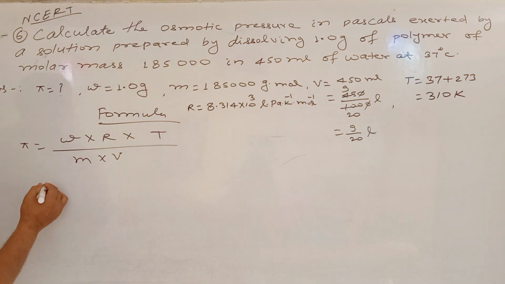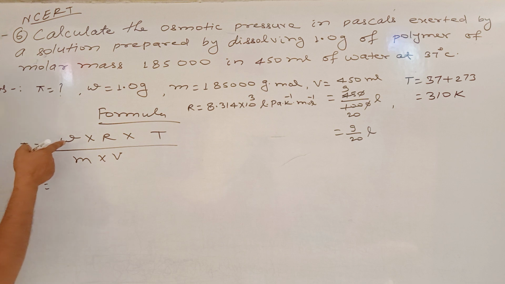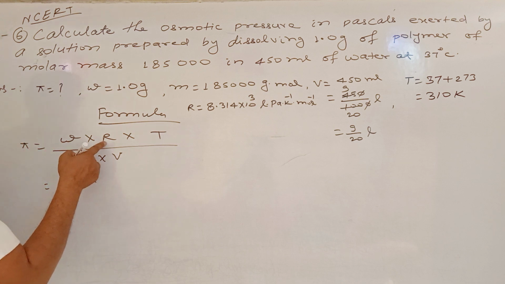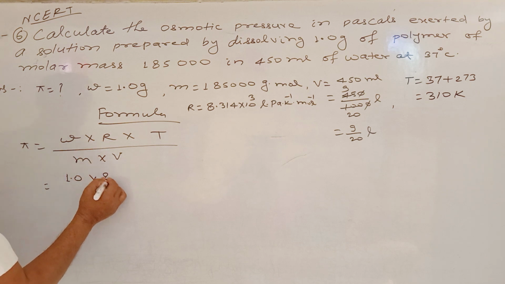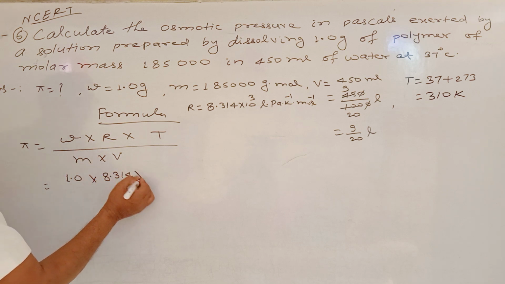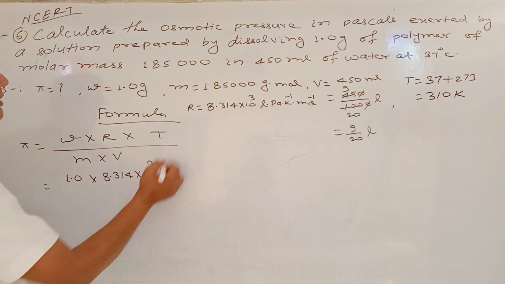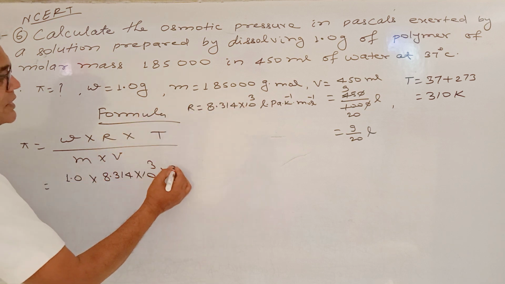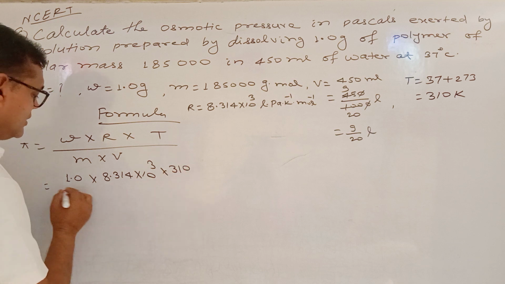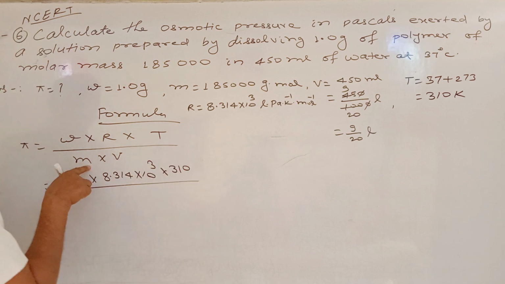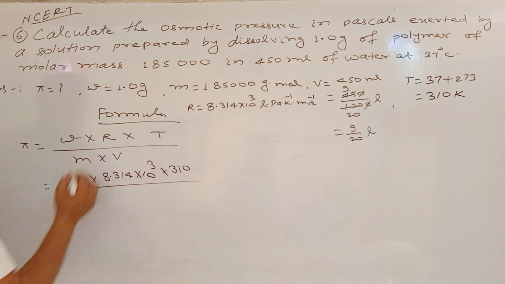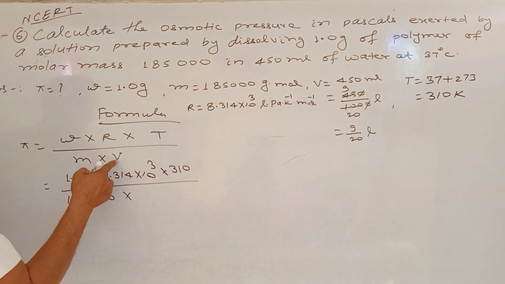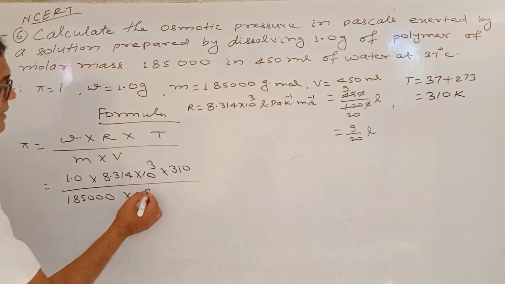Now we write the value of W, 1.0. The value of R is equal to 8.314 into 10 to the power 3. And the value of T is equal to 310 Kelvin. The value of M in the question is 185,000 and the value of V we write 9/20.